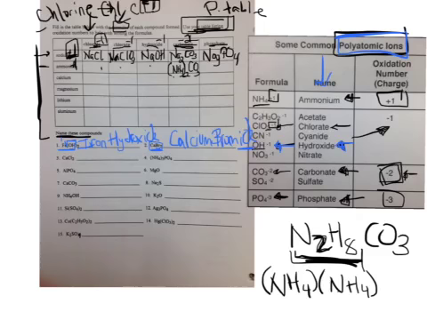See if you can follow the rules through. Remember, polyatomic ions keep their name. Single elements, like bromine here, even though there are 2 of the bromines, it's just bromine, and it is going to change into bromide because it's the negative side.